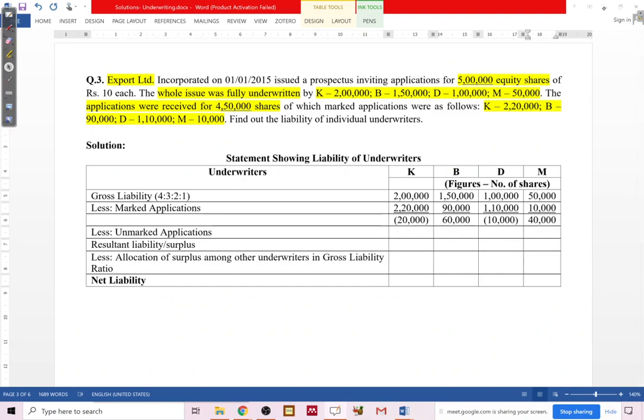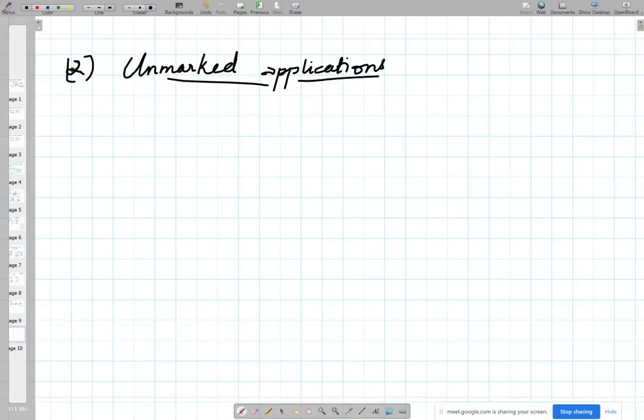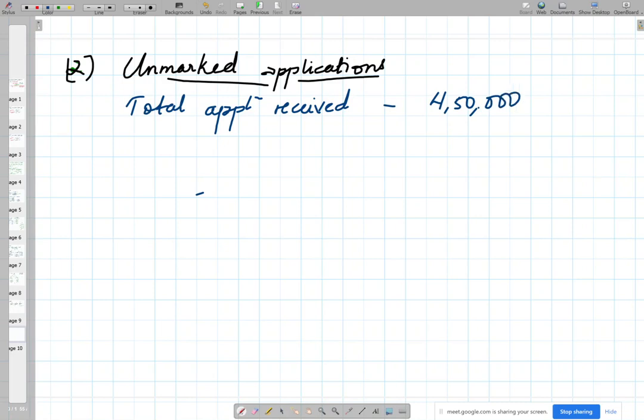Fine. So let's see. Total applications received were 4,50,000. Now I got total applications for 4,50,000 shares.